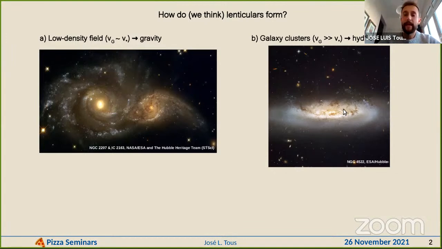So these galaxies evolve passively as they no longer have material to form new stars, until they become lenticular galaxies.